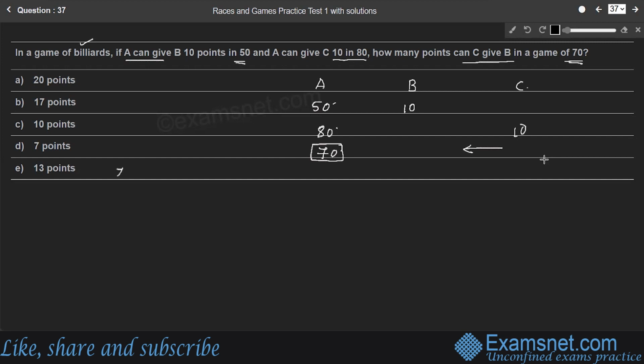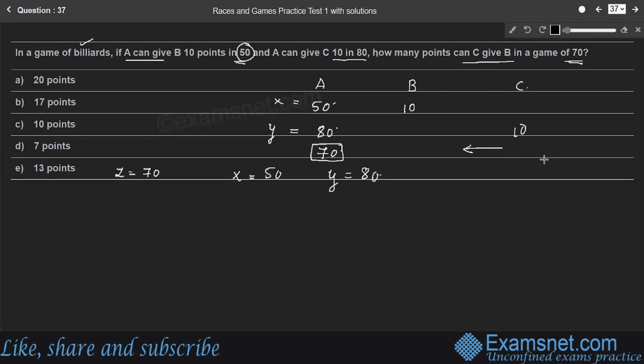Therefore, we'll consider Z as 70. Here is a formula to find this: how many points can C give B in a game of 70? Use the formula by considering X as the total points of the first game, which is 50, and Y as the total point of the second game, which is 80.